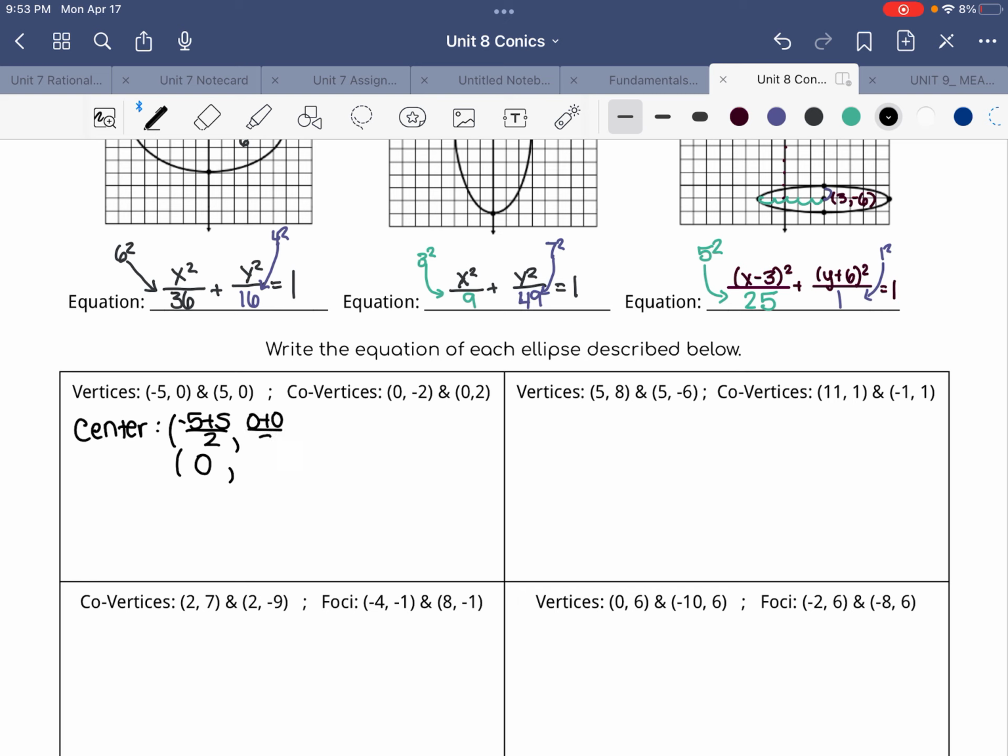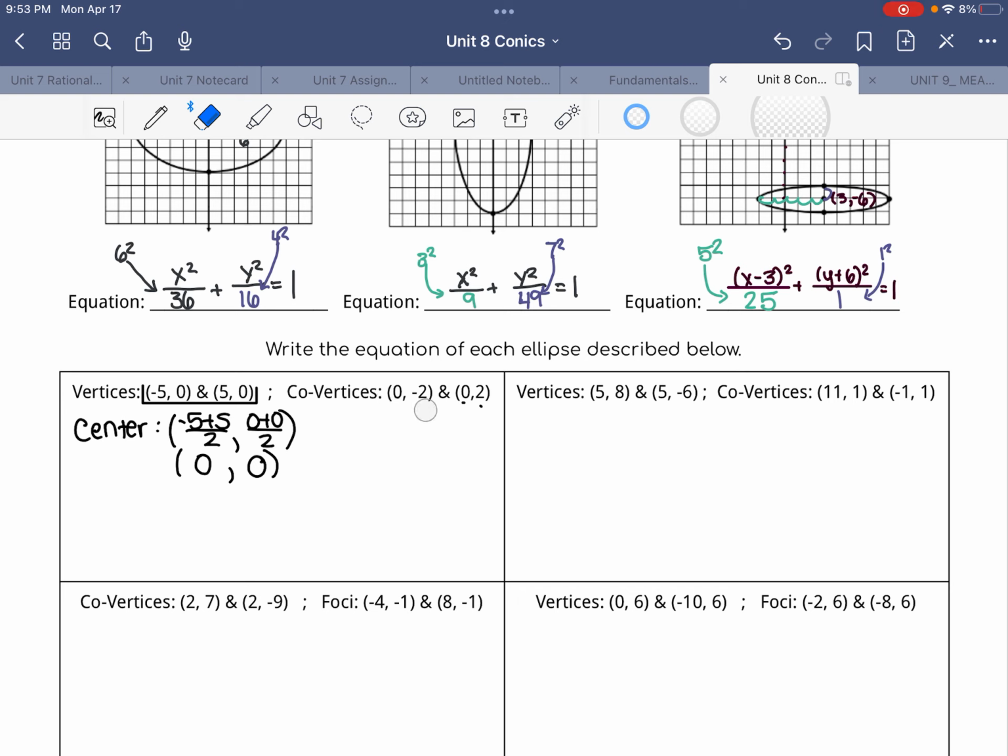And then you would add your y values and divide by 2. Well, halfway between 0 and 0 is still 0. So that's my center. I'm just using these two vertices right here to do my midpoint formula. And it's actually going to be the exact same thing if you use your co-vertices, because halfway between 0 and 0 is 0, and halfway between -2 and 2 is also 0.